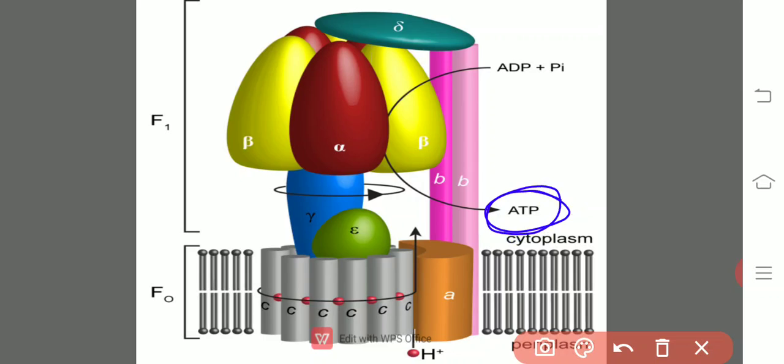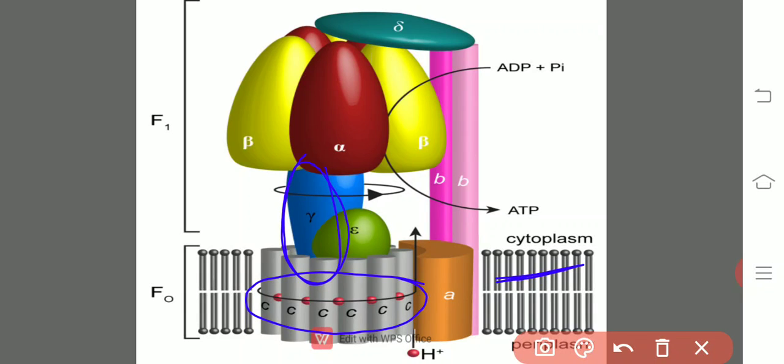At the same time, due to the flow of the protons through the proton channel of the F0, the column made of the C subunits, as well as the vertical axis made up of the gamma subunit, rotate perpendicular to the membrane. They rotate perpendicular means like this.